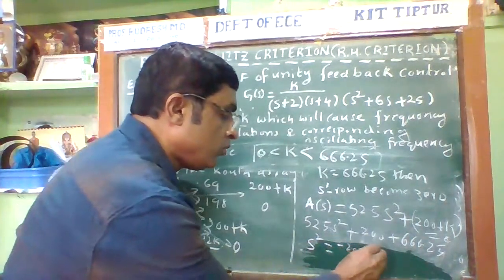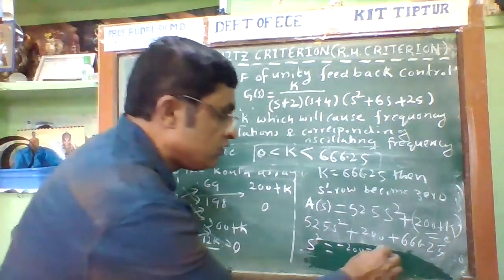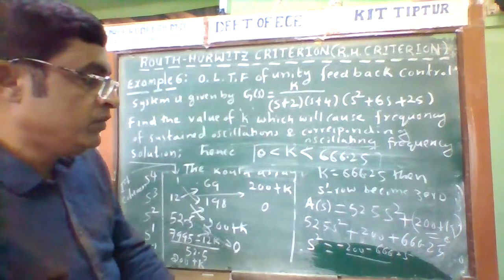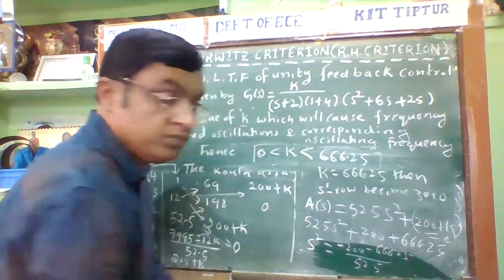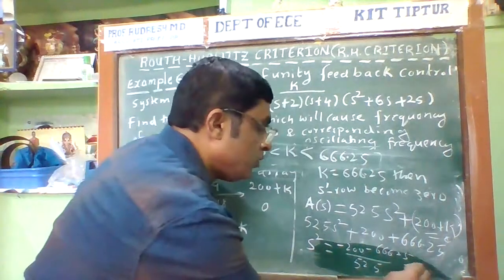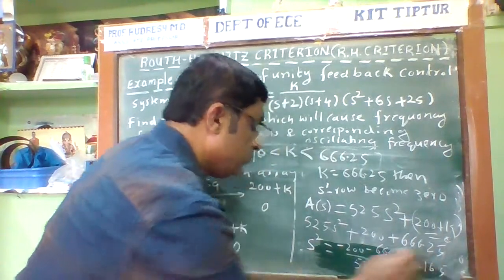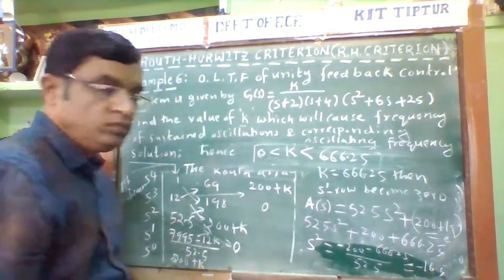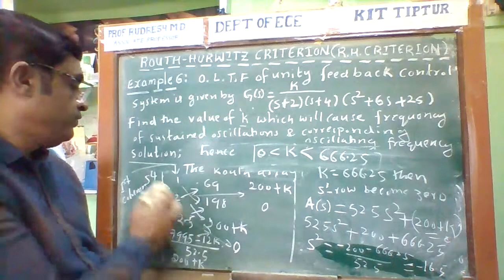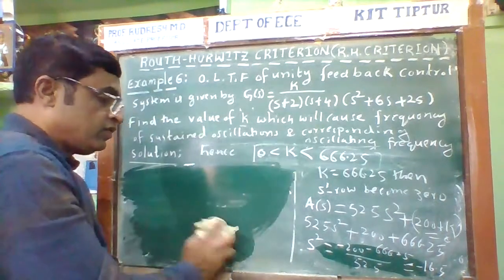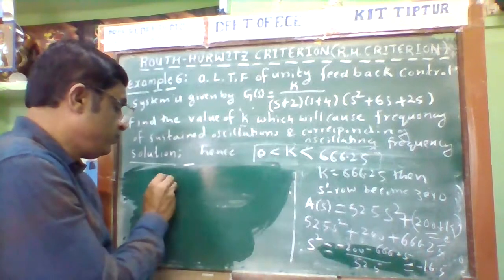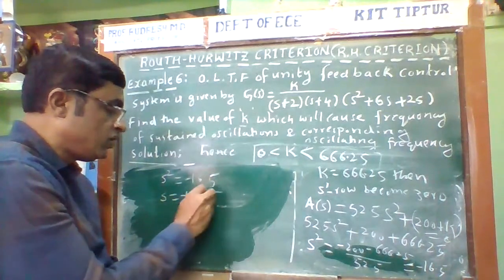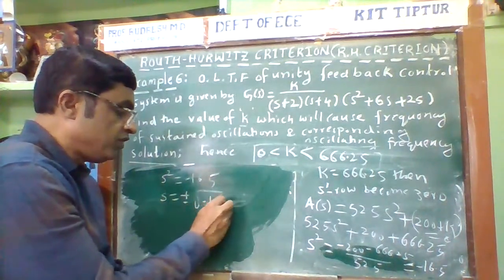Therefore, S square is equal to minus (200 plus 666.25) divided by 52.5, which is equal to minus 16.5. So S is equal to plus or minus square root of minus 16.5.